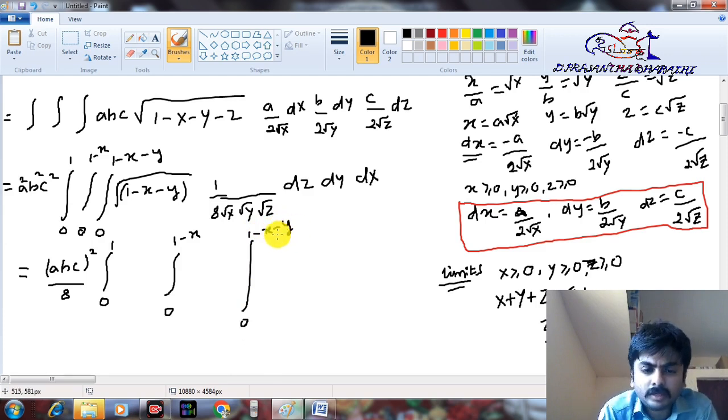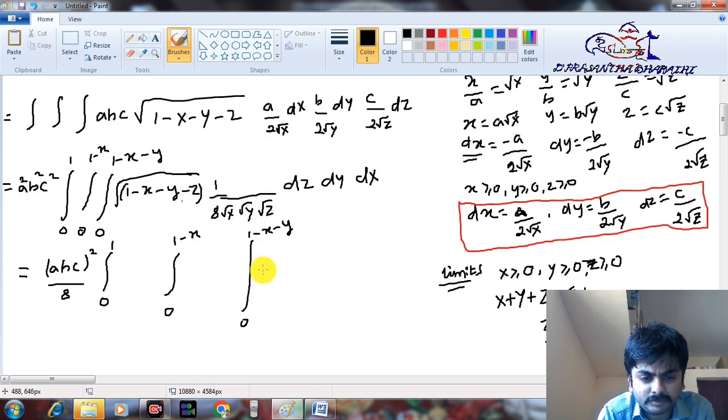Now see, while we are integrating with respect to z, these x and y are constants. There is a mistake here. I am considering this 1 minus x minus y minus z as a function of z.